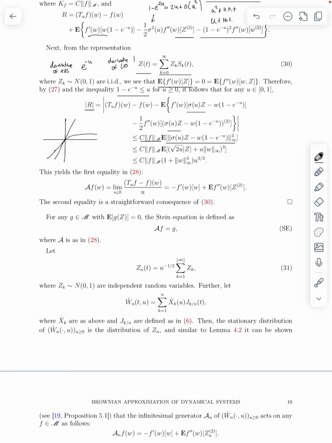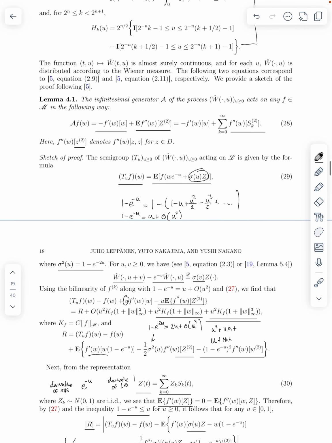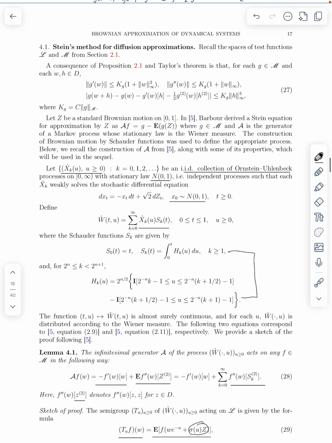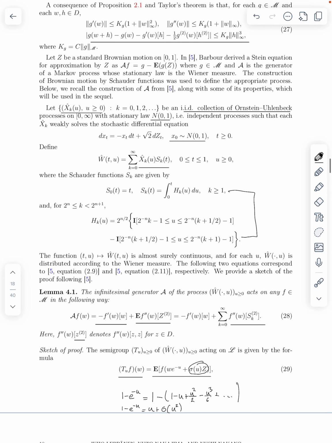Well, let's see if I have a good explanation as to why this is true. The reason why that's true, right, is because of this. So we proved this earlier, which is that just based on this Lipschitz-like condition, we know that we're going to have this sort of generalized thing.